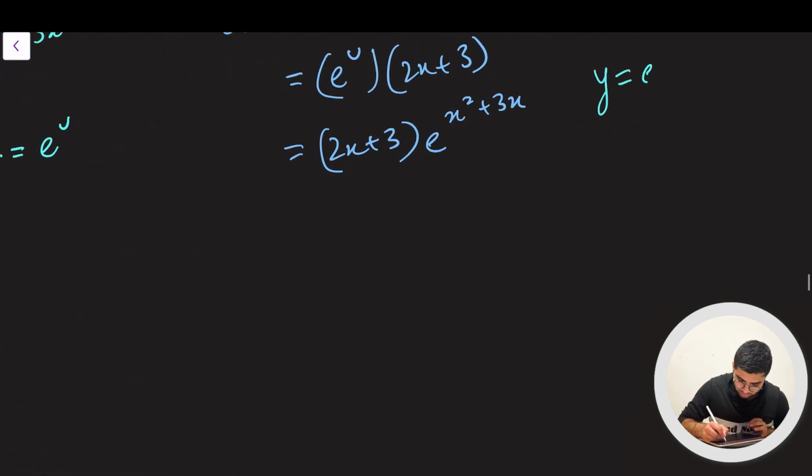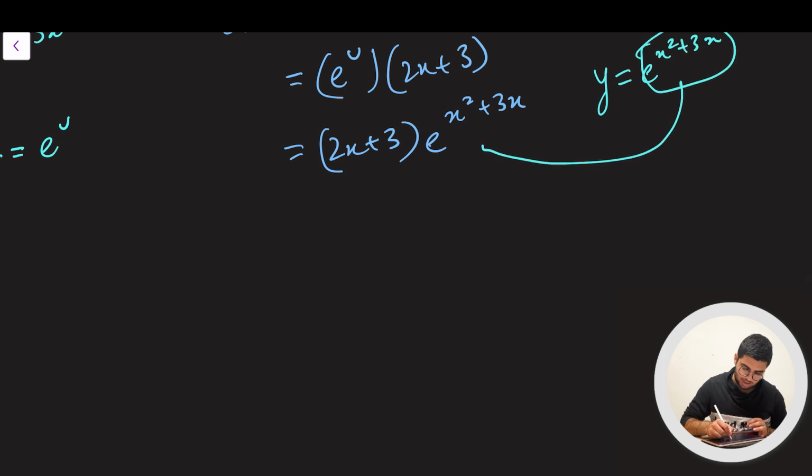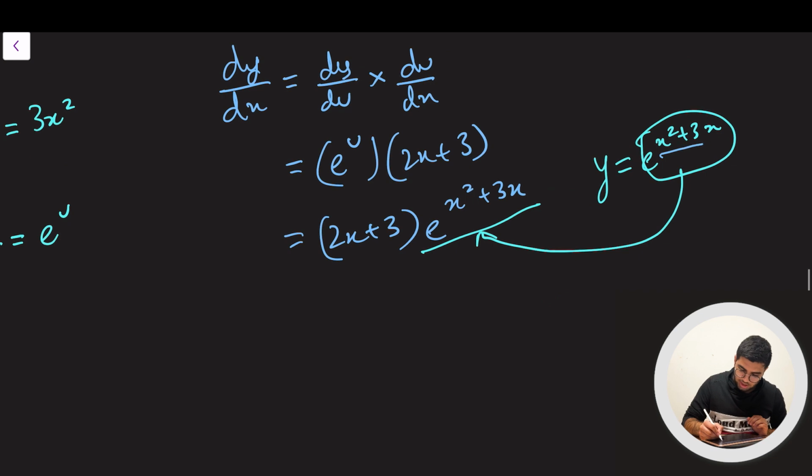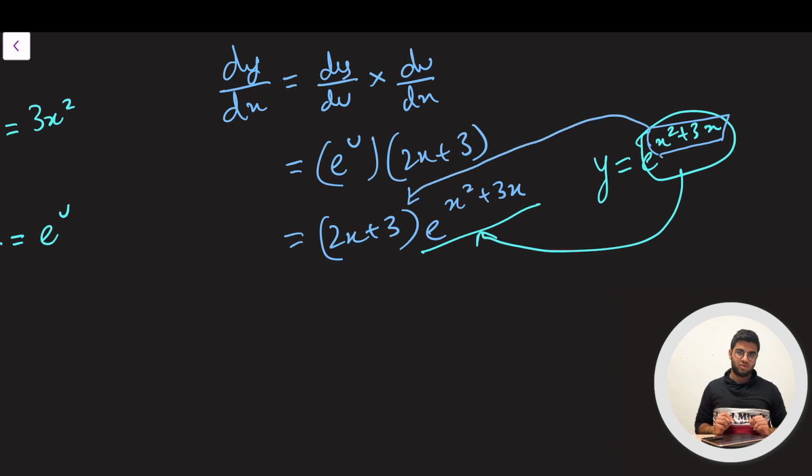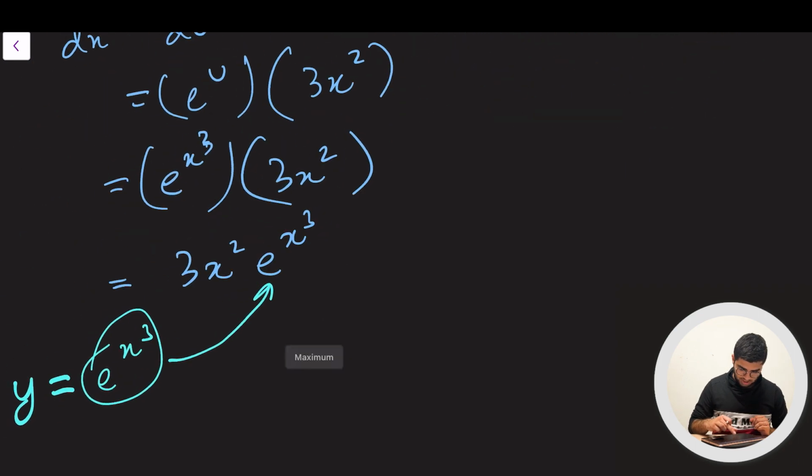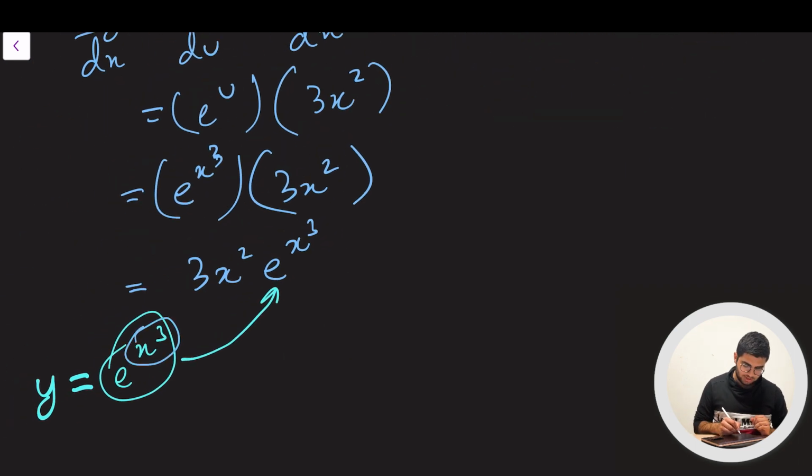When we have y equals e to the x squared plus 3x, this whole thing stays in the derivative. That doesn't change. What does change is we then add this value: whatever e is being raised to, we derive it and then we put it here. Same thing here. We find this derivative, put it here.